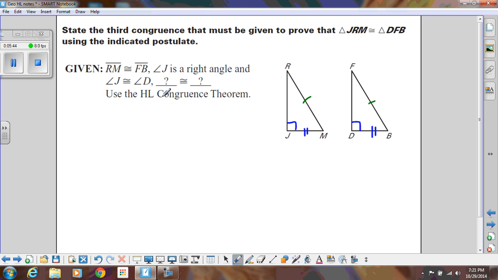So we would say, well, we need to know JM is congruent to DB. Or like I said, the other option is to say JR is congruent to DF. So now we have another shortcut for proving triangles congruent, and that is the HL theorem.